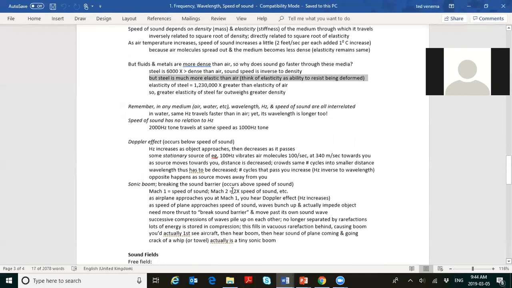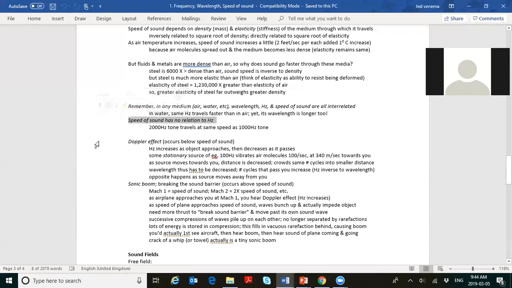Moving on down. Here's another one that's always asked on a midterm, and a lot of people get this wrong. The speed of sound has no relation to the frequency. In air, all frequencies travel the same speed. In water, all frequencies travel the same speed. And in metal, they all travel the same speed.